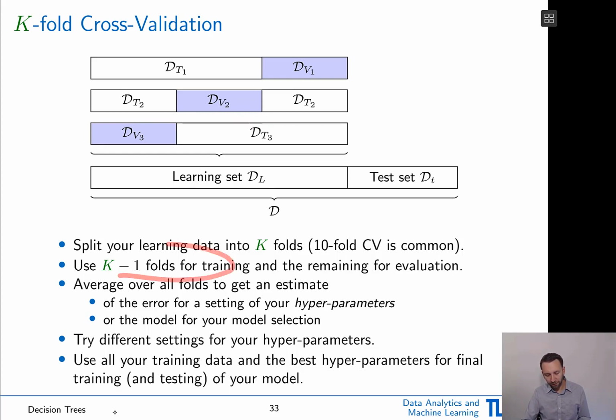So for every fold, we do the corresponding training, right? So here, all these different decision trees. And then, for example, we can average the error we are getting. So we see what is the average error when we use a decision tree of depth 1. What is the average error when we use a decision tree of depth 2? Okay. And as you see already, because we're using this average, we get a more reliable and more significant result.